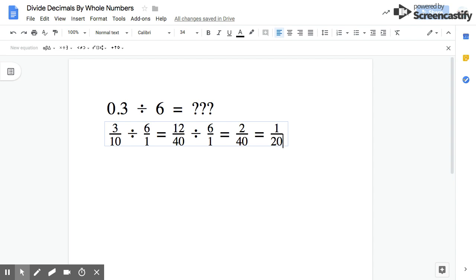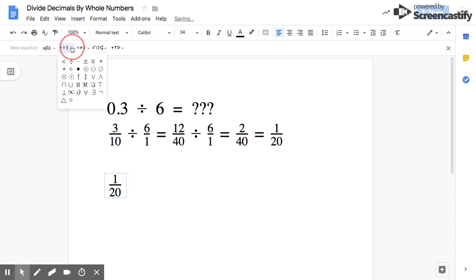So 3/10 divided by 6 is 1/20. Now, as I did in times past, I could take that 1/20 and say, okay, well, what is 1/20 as a fraction that will give me either 100 or a 10? I want to get that denominator to something that is a place value.